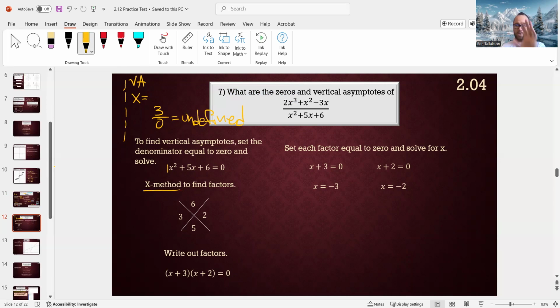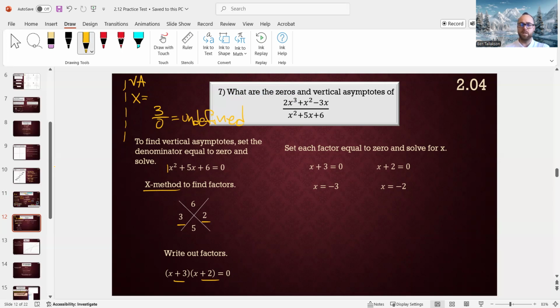So we don't need the quadratic formula here because of that leading coefficient. All right, so we take a times c on top, b on bottom. 3 and 2 multiply to 6 and add to 5, so we know we have the right values. Remember, this is how you set up your factors, where this value goes here and this one goes there.